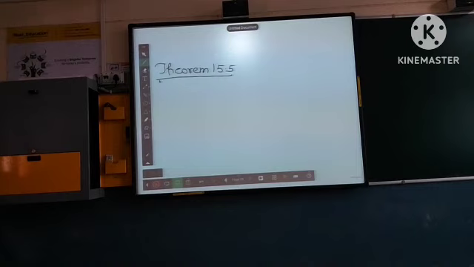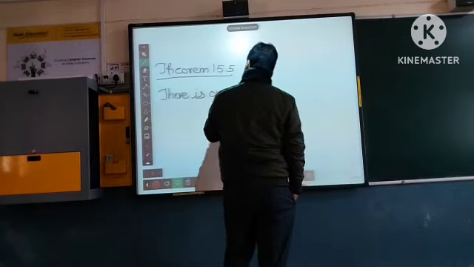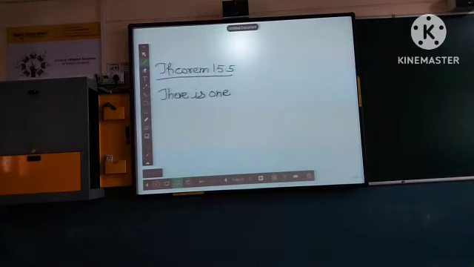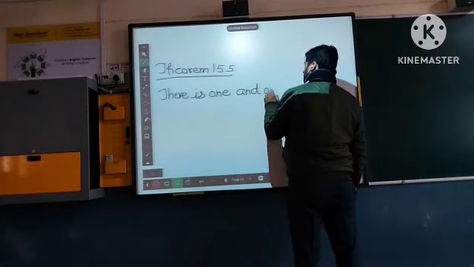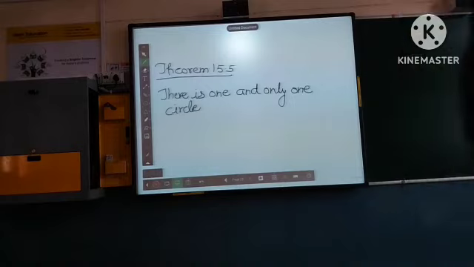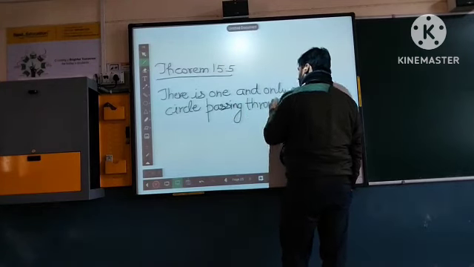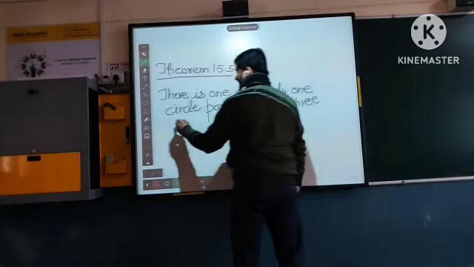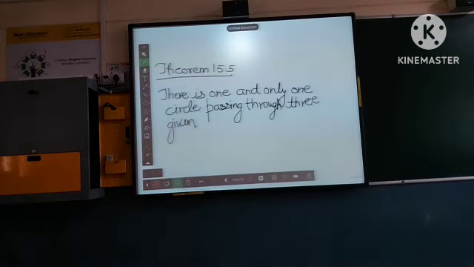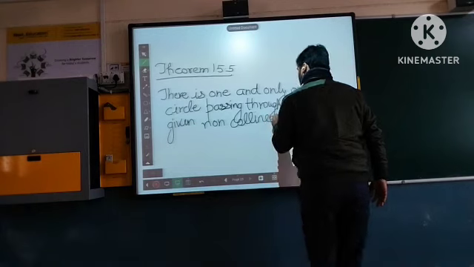Theorem 15.5 says there is one and only one circle passing through three given non-collinear points.